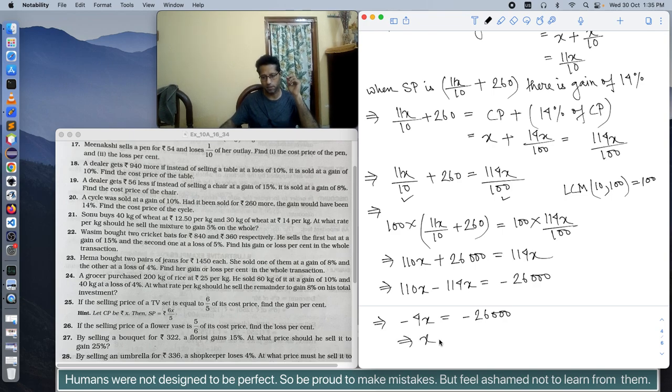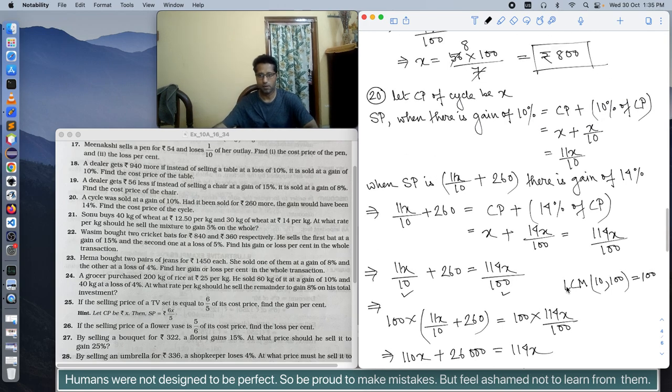The minus signs cancel out, and we can say that x is 26,000 divided by 4, which is equal to 6,500. So x is 6,500. So this must be the cost price of the cycle.